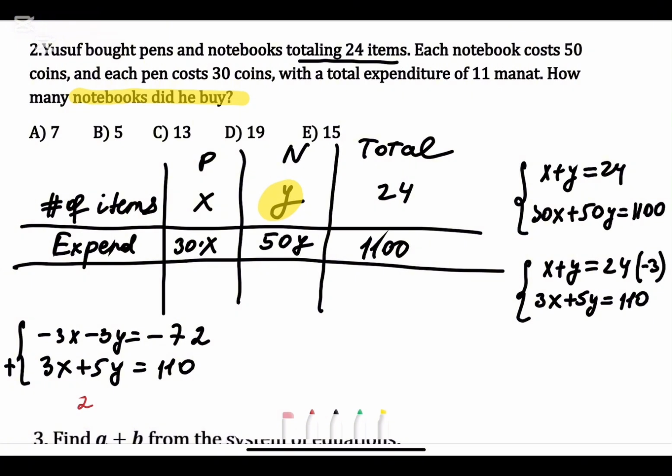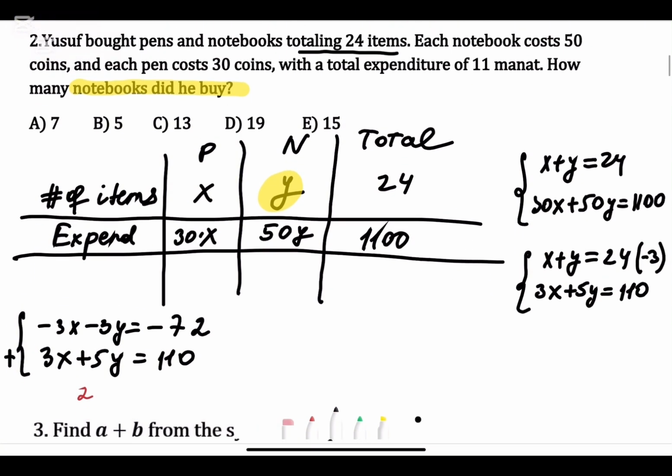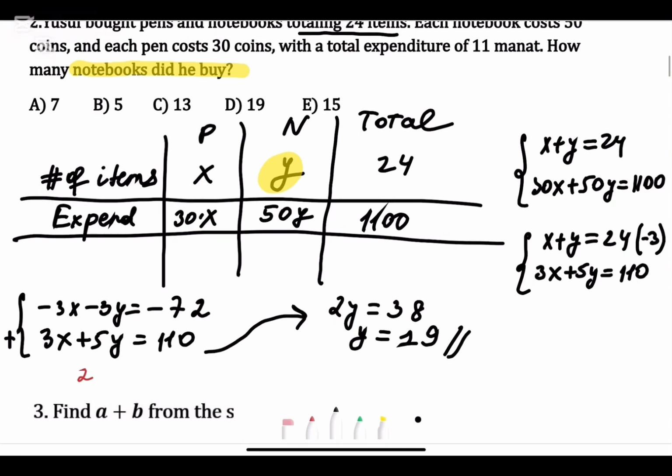Oh, I have no space again, so let's move on here. So I'm going to have 2y, and on the right we're going to have 110 minus 72. So it's going to be 38. So y would be equal to 19. So yes, we have 19 notebooks. That would be question number 2.